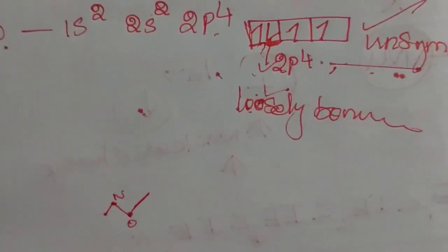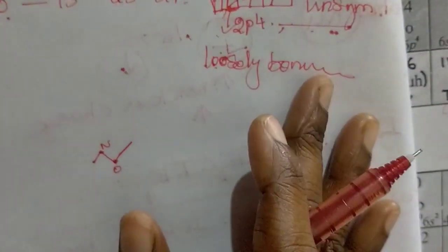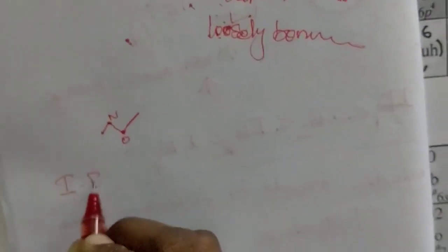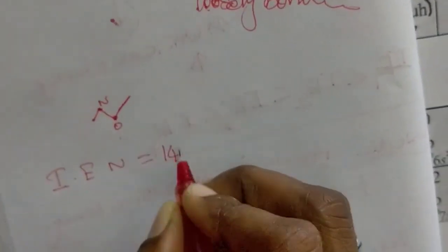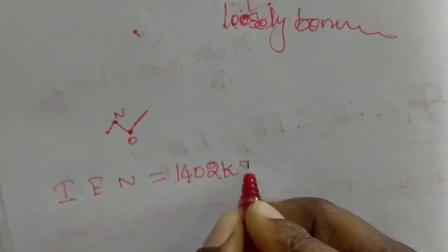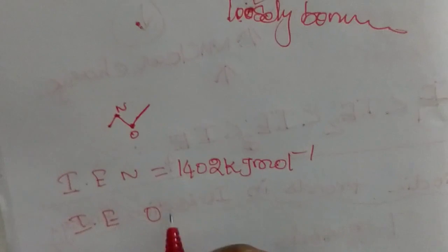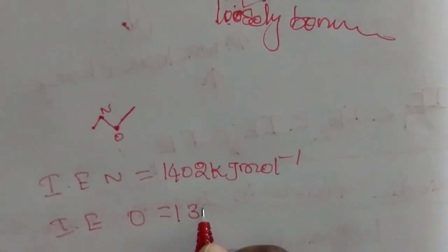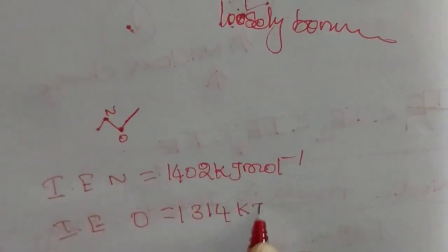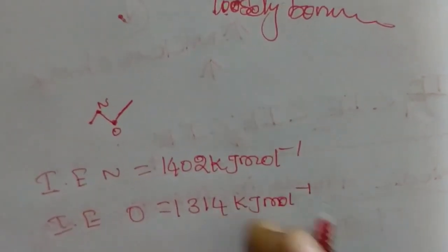Okay, it's already given in your graph 3.2. So the ionization energy of nitrogen is 1402 kilojoule mole power minus 1. The ionization energy of oxygen is 1314 kilojoule mole power minus 1.